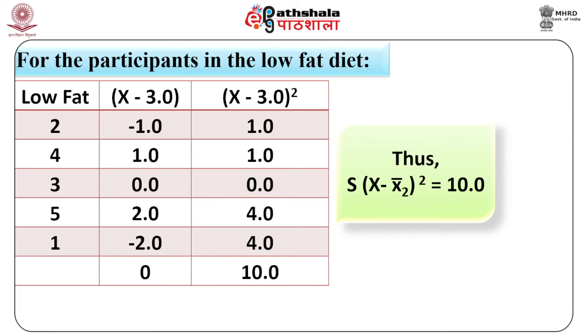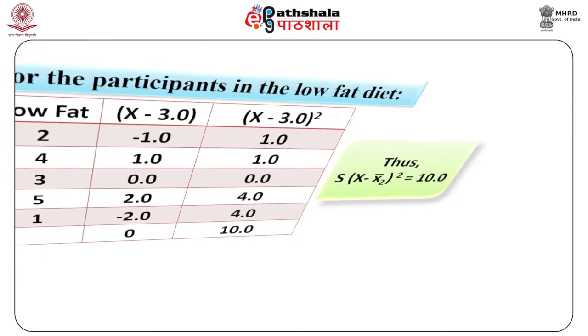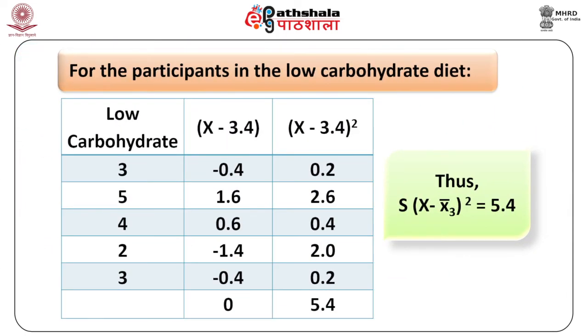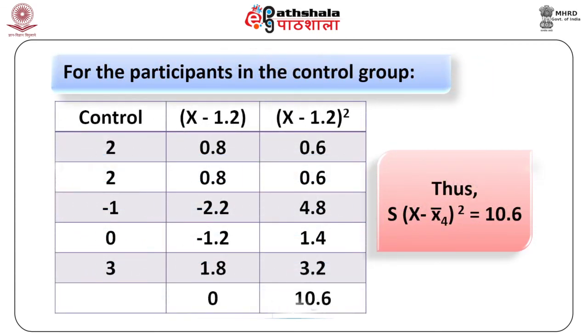For participants of the low-fat diet, we have summation x minus x2 bar whole squared equals 10. For the low-carbohydrate diet, we have 5.4. And for the participants in the control group, we have 10.6. So, SSE equals summation of x minus x bar whole squared, which is 21.4 plus 10 plus 5.4 plus 10.6, which comes out to be 47.4.